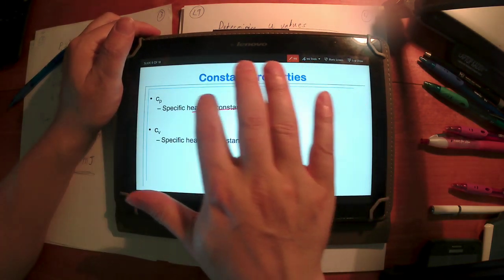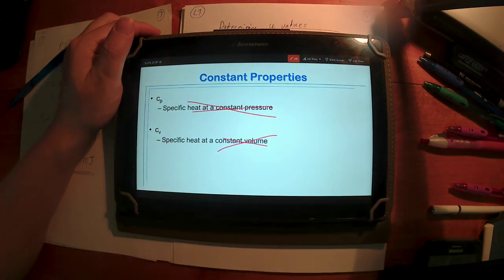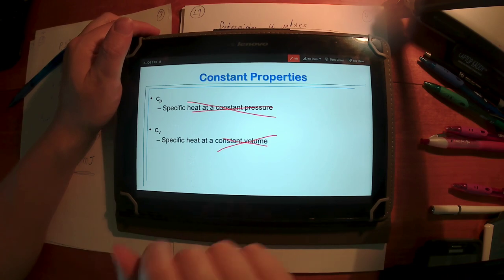What I would tell you for our purposes is that doesn't work. We don't have to have constant pressure to use C sub P. We don't have to have constant volume to use C sub V.